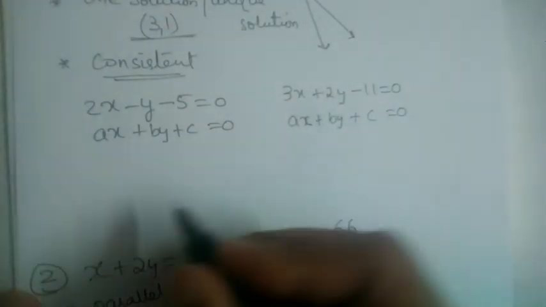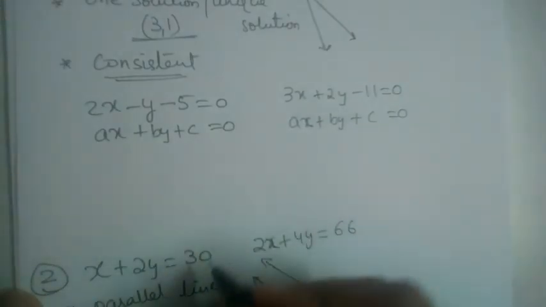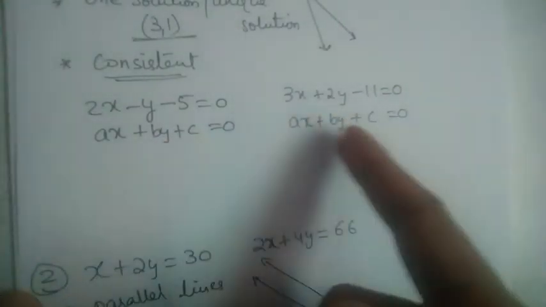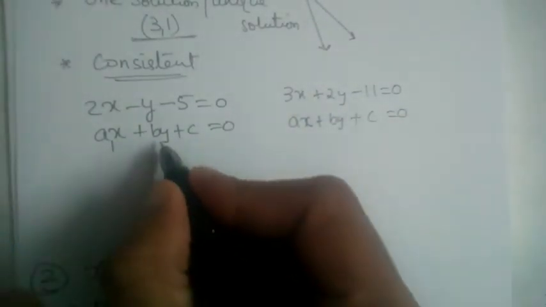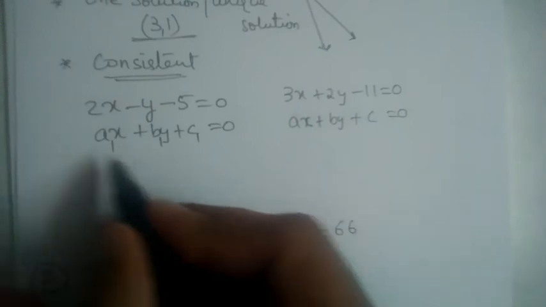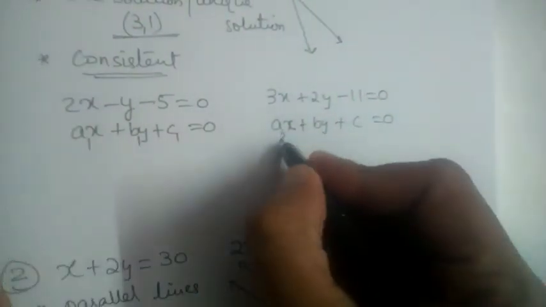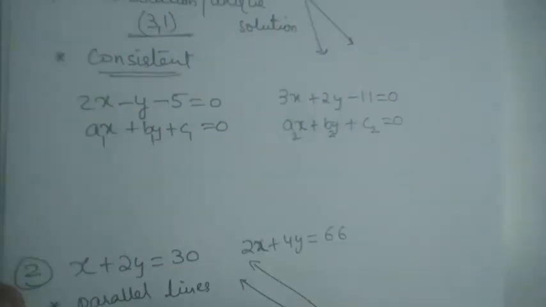See, we have two equations, right? A is equal to 2 here, a is equal to 3. So it will be confusing, right? We have a, b, c here, a, b, c here. How should we separate this or distinguish this? Let us write a1, b1 and c1. a1x plus b1y plus c1 is equal to 0, and here a2x plus b2y plus c2 is equal to 0.